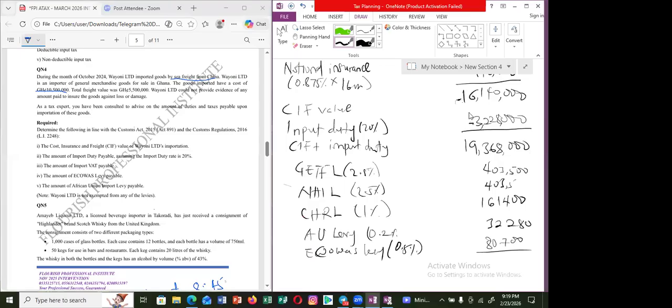I think all this has been computed on both the duty and the CIF. It's now that they've amended, and I'm not sure ICAG will use the new one. They'll use the old one, so let's use the old one, which is on both CIF plus the import duty. Honestly, I don't even know which one to determine.